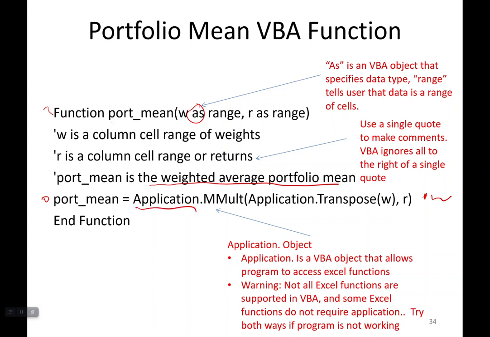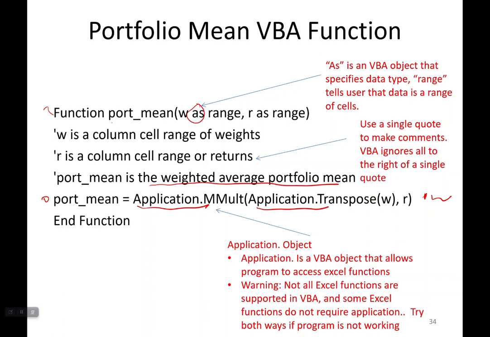Application dot. If you want to use most of Excel's built-in functions, like transpose, like mmult, like stdev, the standard deviation function, most of them, you need to tell VBA that this is an Excel function by using application dot. So application.mmult, application.transpose.